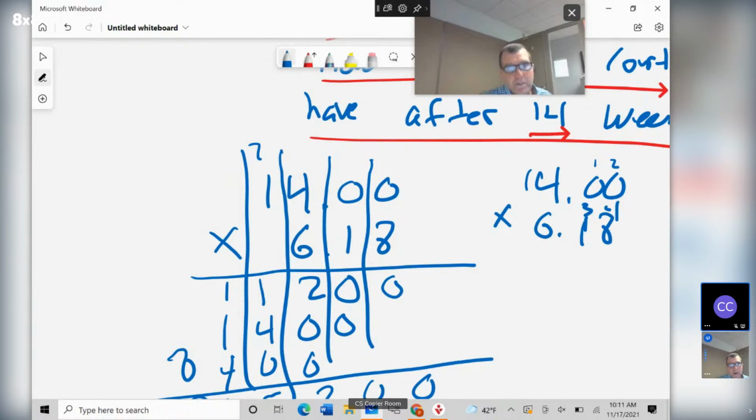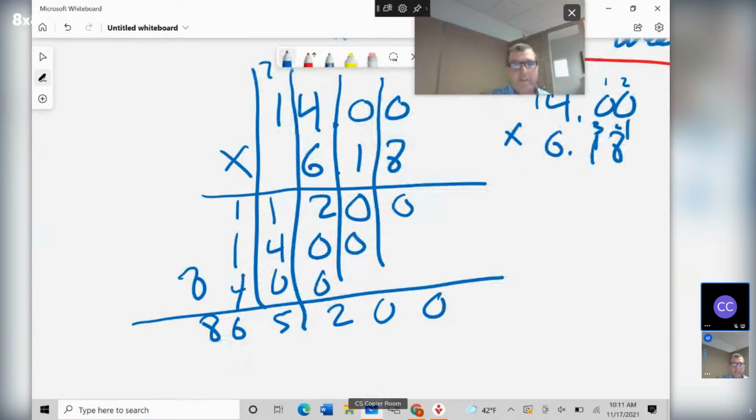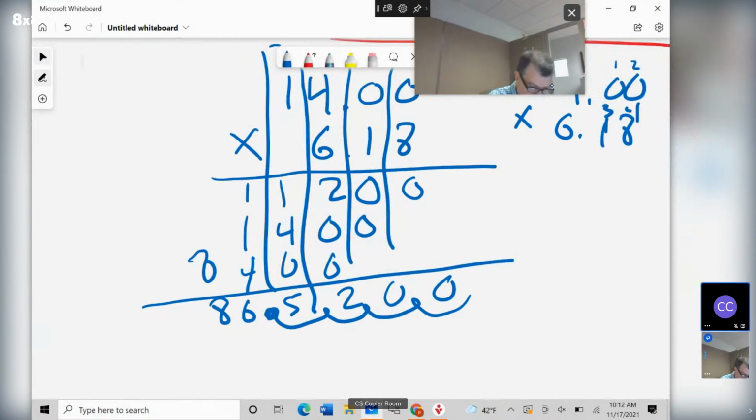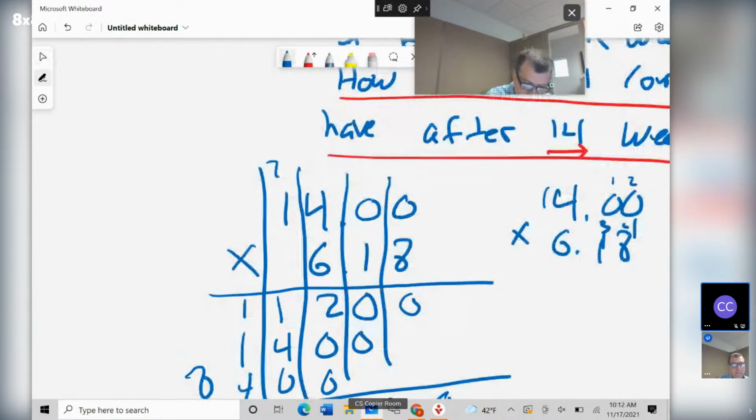So what you do, you want to just move the decimal 4 places to the left. So 1, 2, 3, 4. So the decimal will go right there. She saved $86.52.